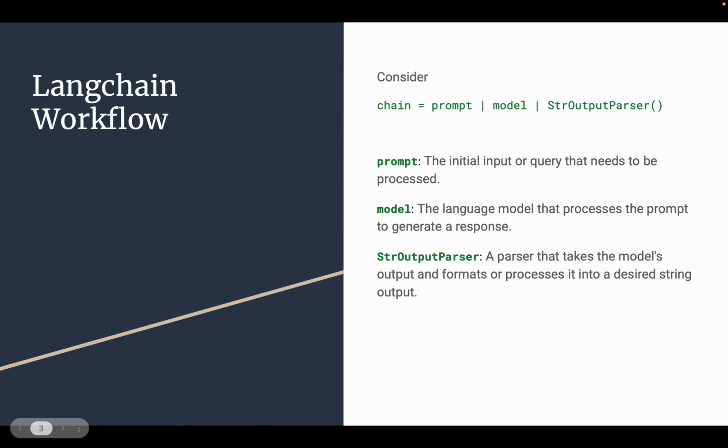The output of the prompt will be the input of the model, and the model will use the prompt to generate some output, right? The model output is then used by the string output parser, where we can convert the output to some specific format. So this is how the chain works.